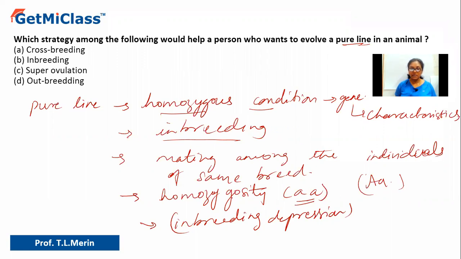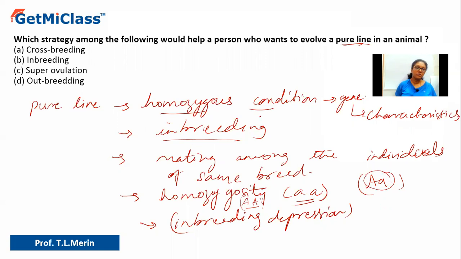Okay, so when I say homozygosity, you can also get capital A, that is also homozygosity only. Okay, so don't get confused. So either capital A or small a, whatever you get, it is just an example of homozygosity. This is a particular gene for which I have mentioned the alleles as small a, and for the same thing I have mentioned the dominant homozygous condition. And if you get a heterozygous, that means that is not pure line.